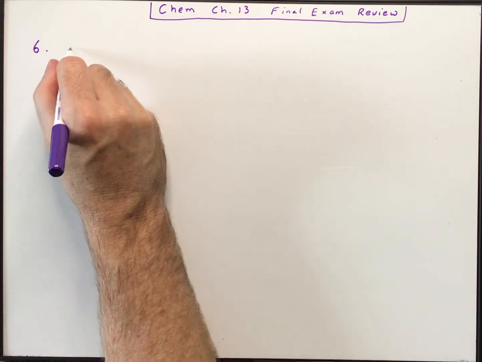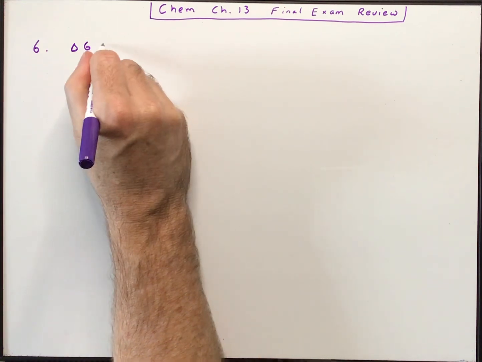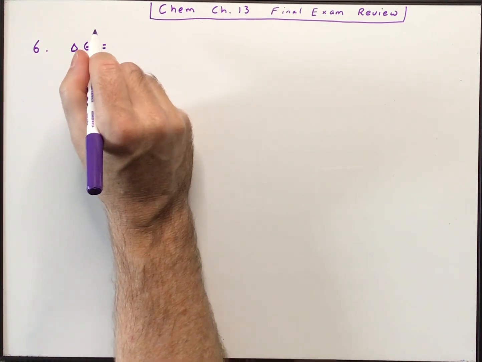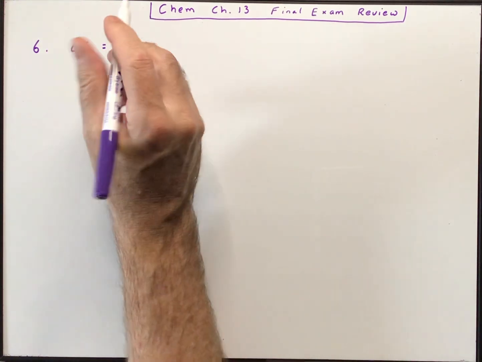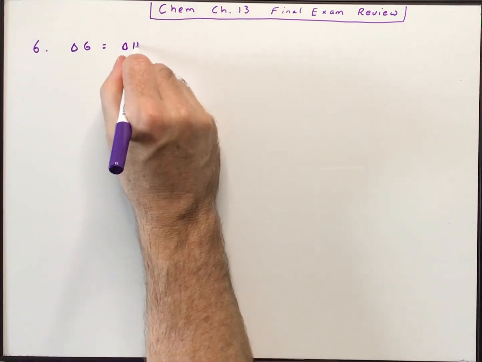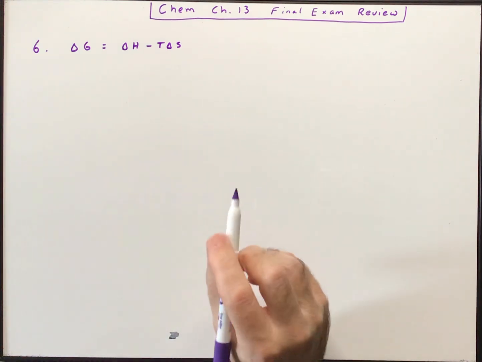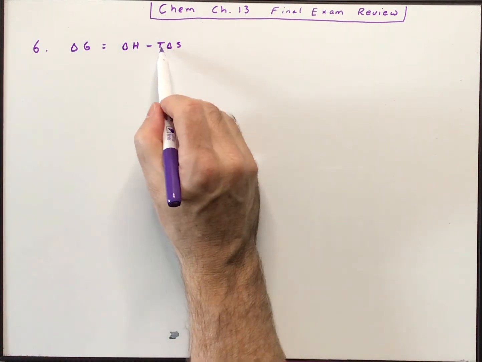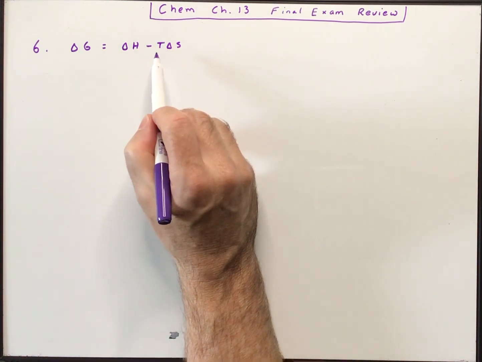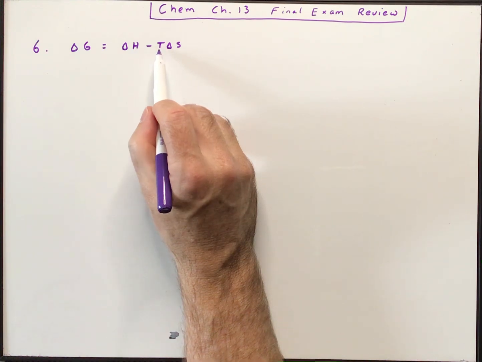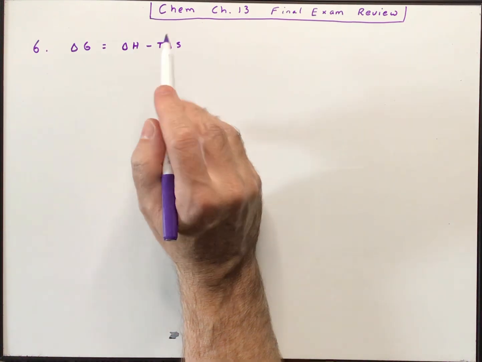All right, the delta G is equal to delta H minus T delta S. So that's an equation you'll need to memorize, where temperature is in Kelvin. Okay, so our answer will be in Kelvin, a temperature range.